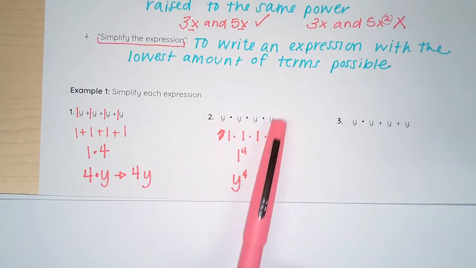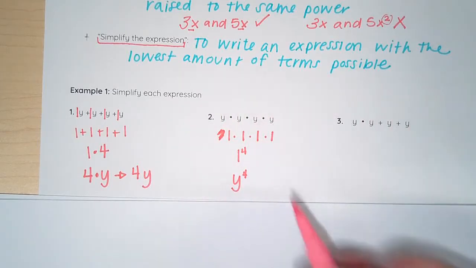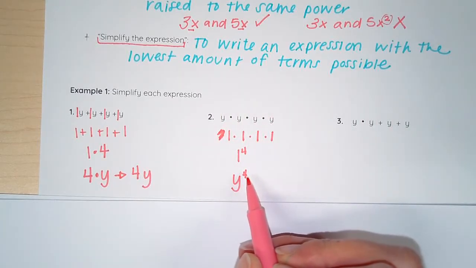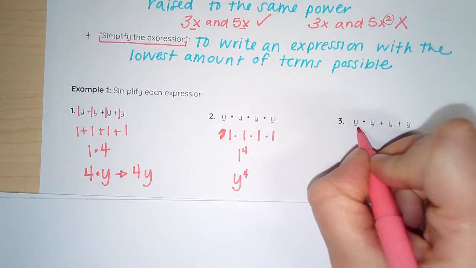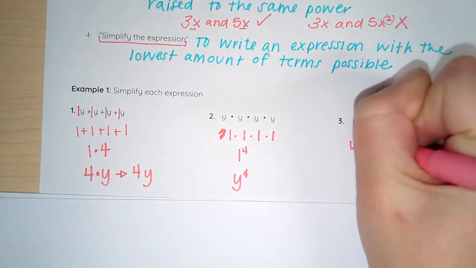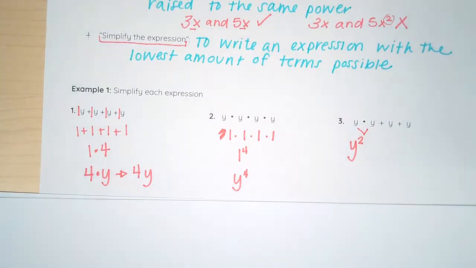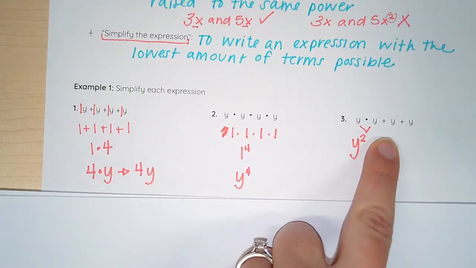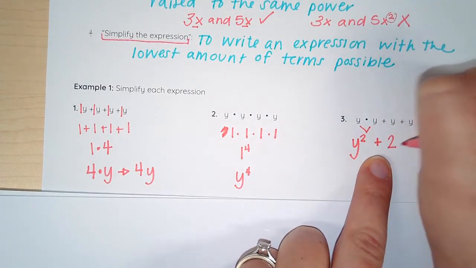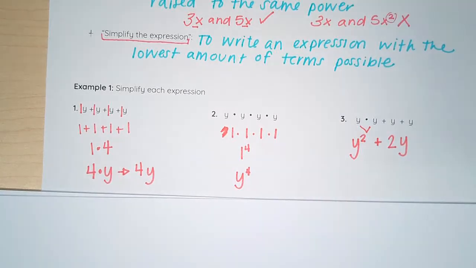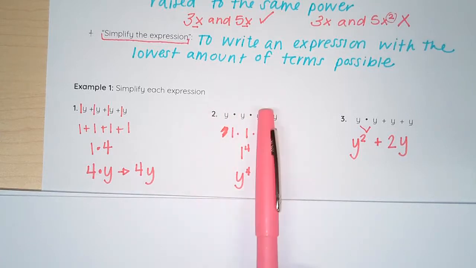But when we have repeated multiplication, it raises to that exponent. And then we've got mixed here. So here we've got y times y, so y squared, 2 y's. And then we add that to y plus y, which is 2 times y. Okay, so again, repeated addition simplifies to multiplication. Repeated multiplication raises to that exponent.